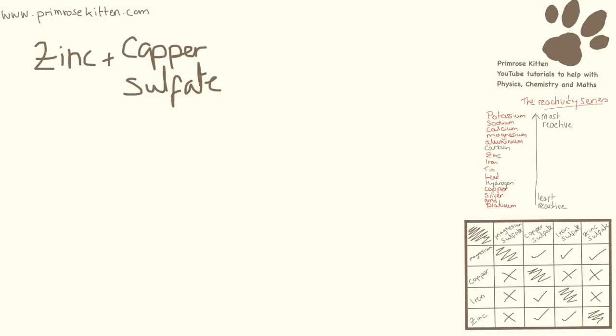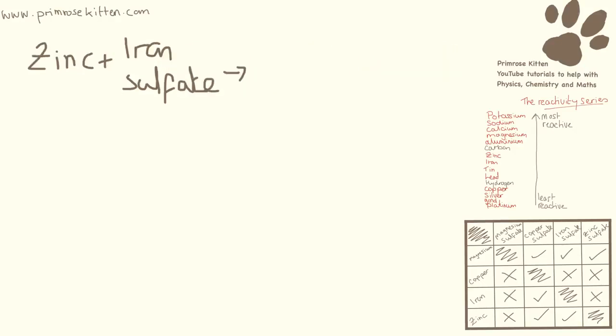Reacting zinc and copper sulfate, our products are going to be zinc sulfate and copper. And finally, if we react zinc and iron sulfates, we'll get zinc sulfate and iron.